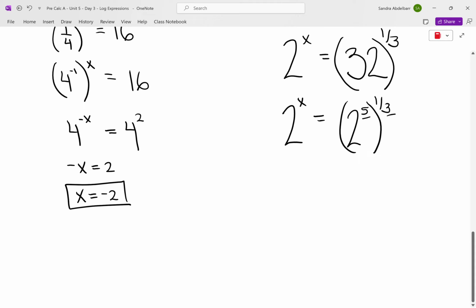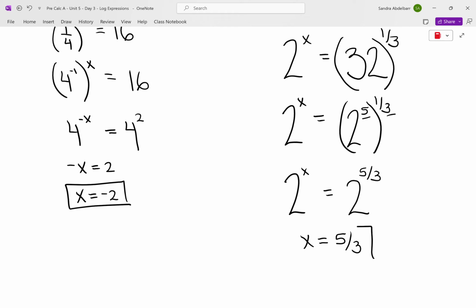What do we do with a power to a power? We multiply. So 2 to the x is equal to 2 to the 5/3. So what does x equal? 5/3.